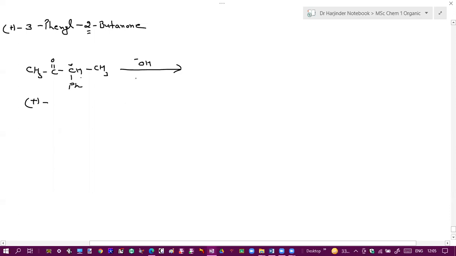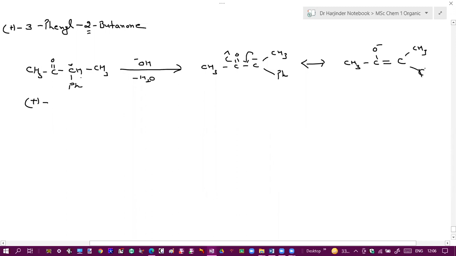It will abstract this acidic hydrogen, with loss of water, and you will get this one, which is stabilized by resonance. So you will get an enolate, or you get a carbonyl here.